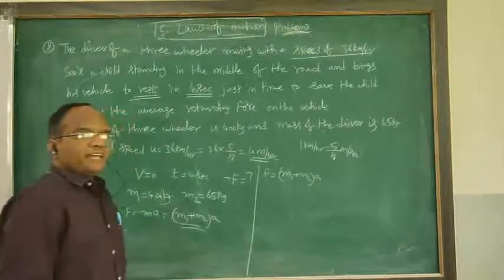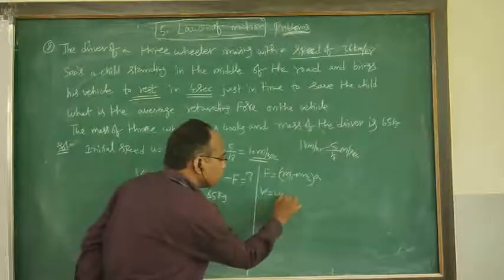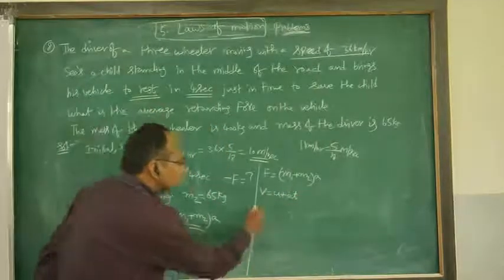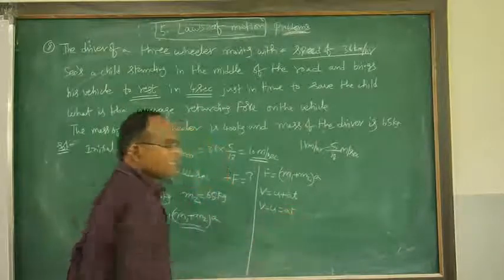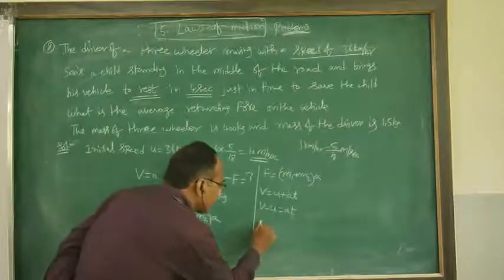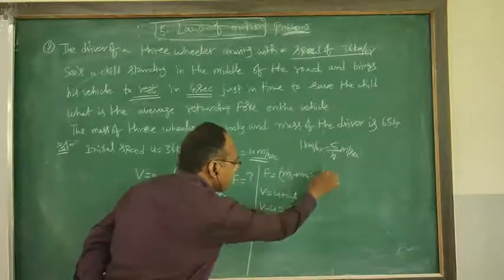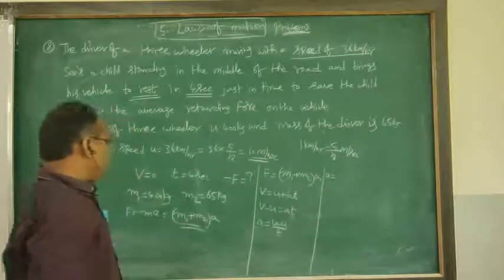So how to calculate A? What is the formula? V is equal to U plus AT. So V minus U is equal to AT. From here A is equal to V minus U divided by T. So A is equal to, what is V?